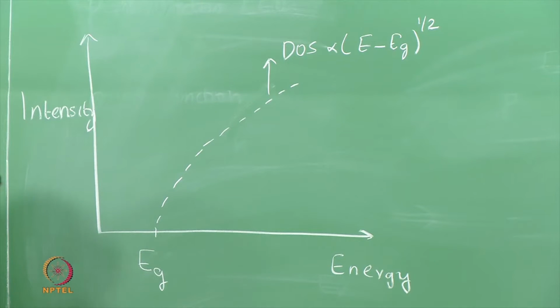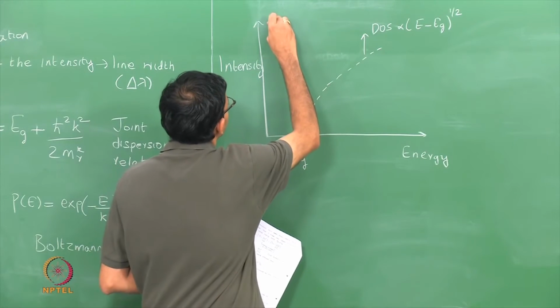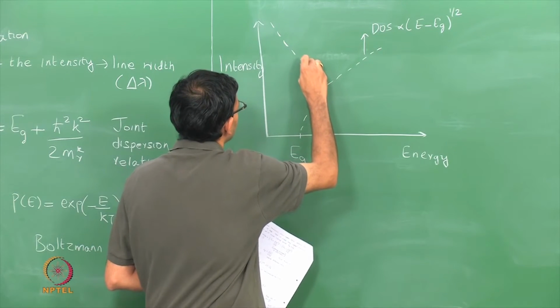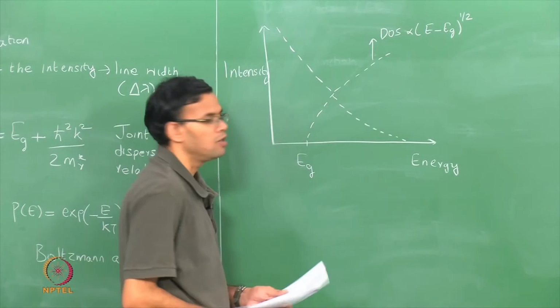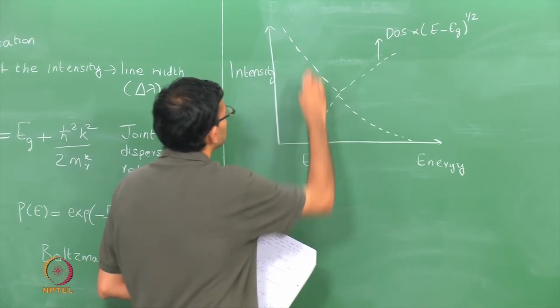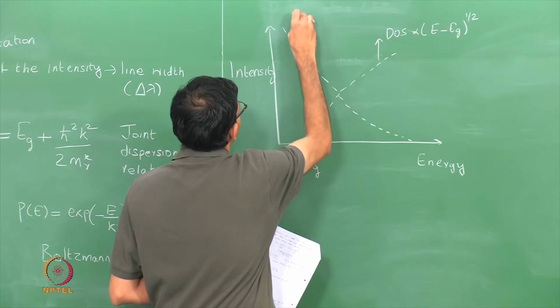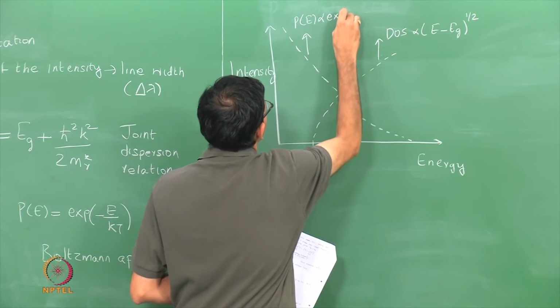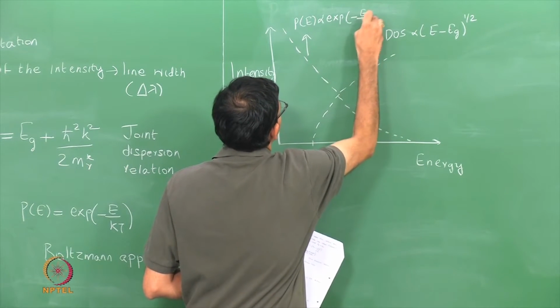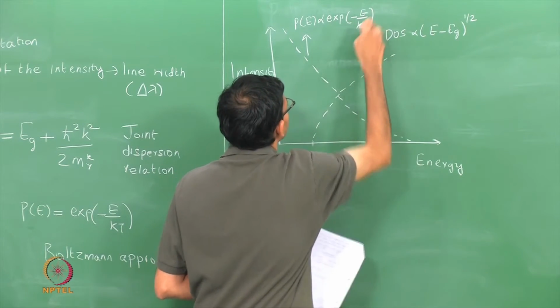Then we have the occupation probability. We said that goes as a Boltzmann function, which means as the energy increases, the occupation probability decreases. So this is P of E, it is proportional to exponential minus E over kT.